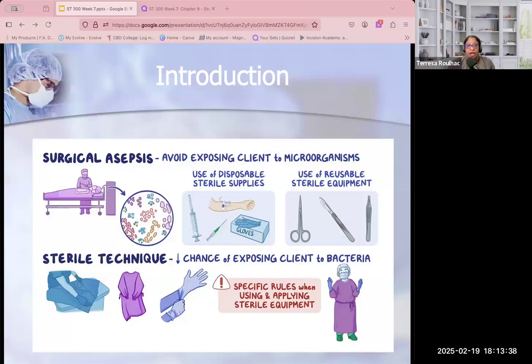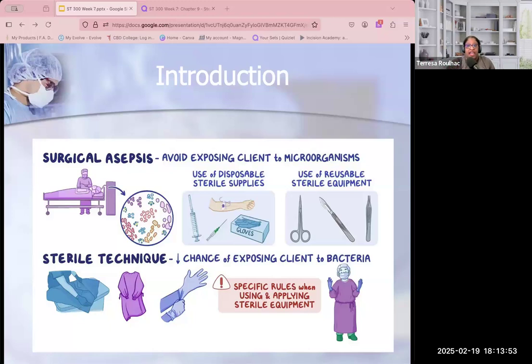So the first thing we talk about is aseptic technique. Now, this is the practice designed to prevent contamination and the introduction of pathogens to our sterile fields.